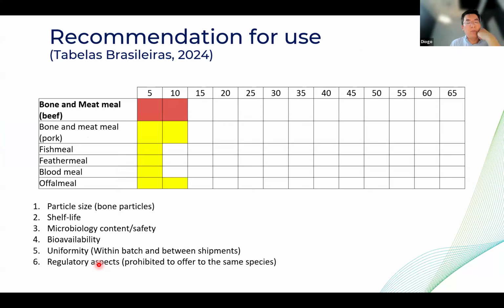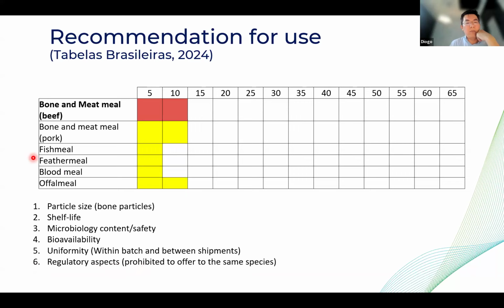We have bone meat meal from beef, from pork, fish meal, feather meal, blood meal, offal meal, normally coming from the broiler industry. Again, we need to think about particle size, shelf life, microbiological safety, bioavailability of the nutrients, uniformity, and also regulatory aspects.